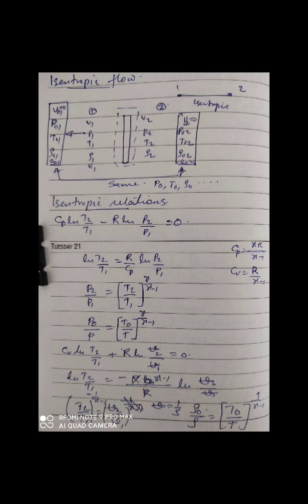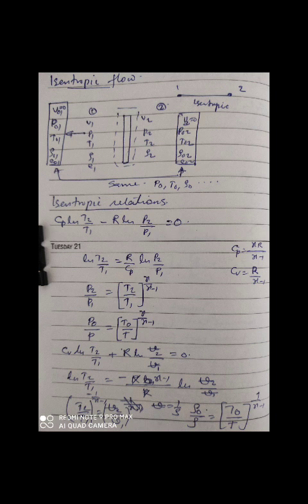This is valid for any isentropic flow. So we can write P0 by P is equal to T0 by T raised to gamma by gamma minus 1. In any isentropic process, this expression will be satisfied.